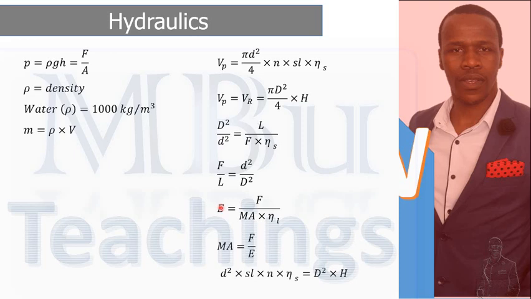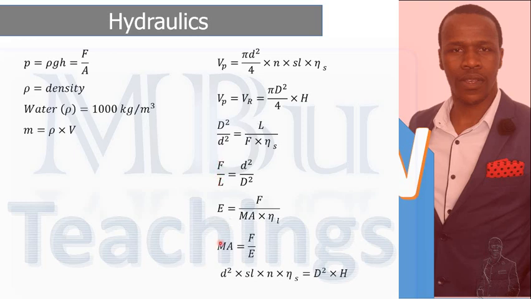Okay, this is E. E is for effort, as we used in N1 and N2. This is F. This F is that one. It's not this one. This is the load. Even though it's the force on the ram, we do not use this force here. So this force is the same as that force. But that force could be any of these forces.